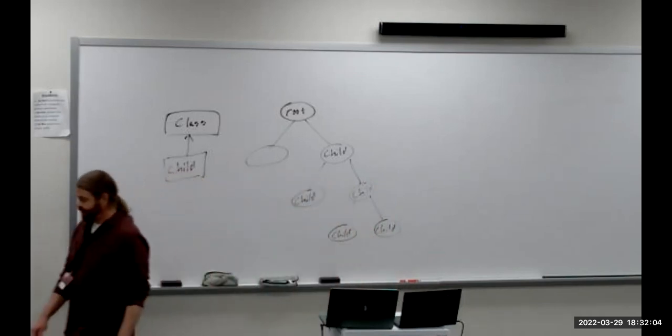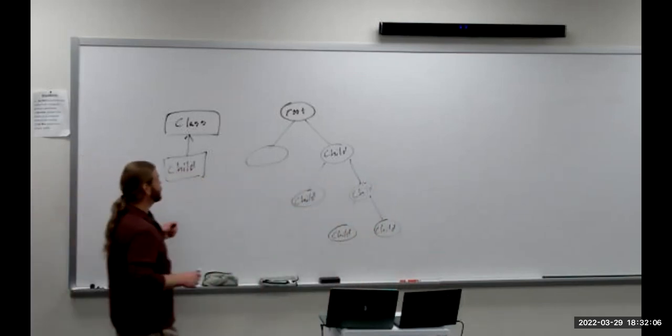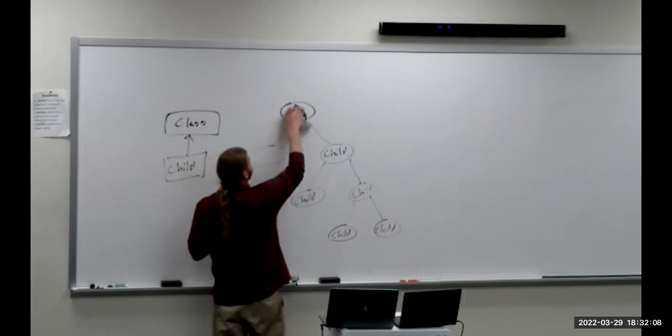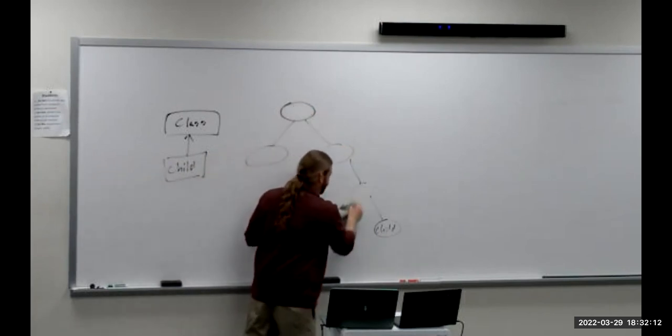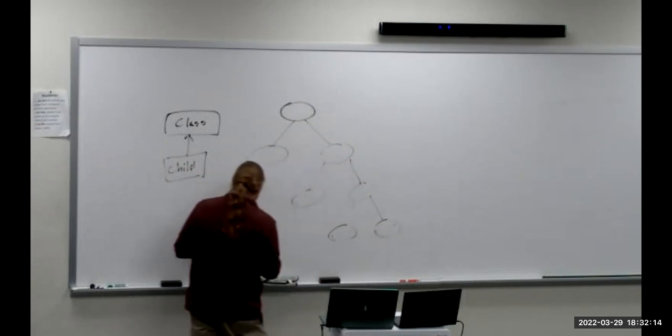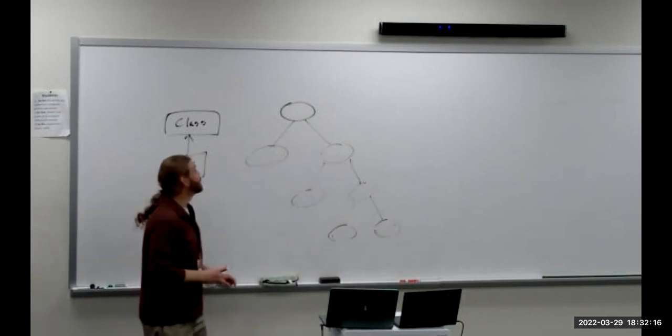There's a tree drawn on the board, and since that's going to be an important thing coming up, I suppose I could just put the labels here as part of a way to introduce trees.